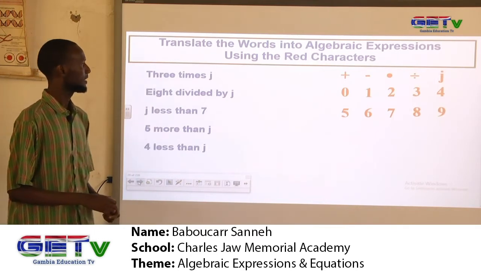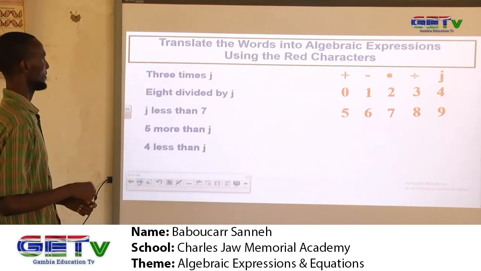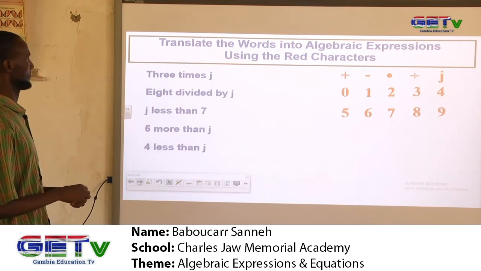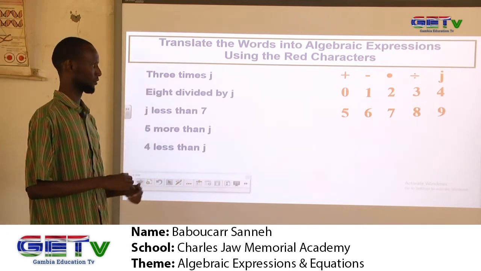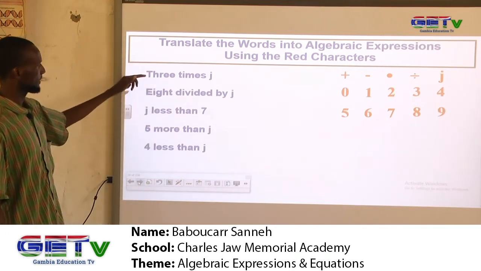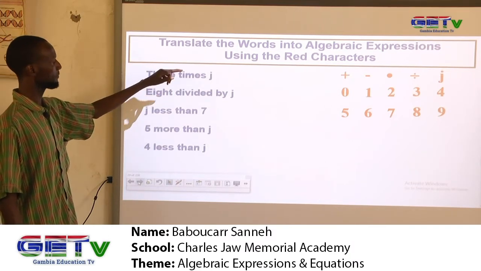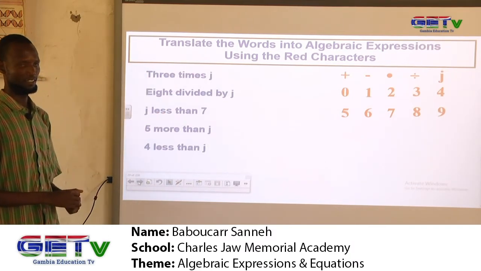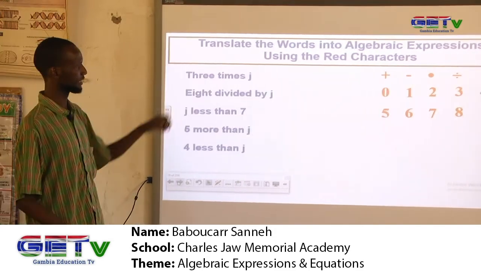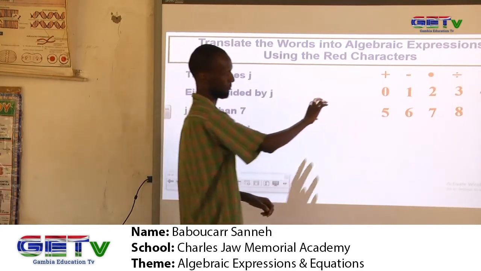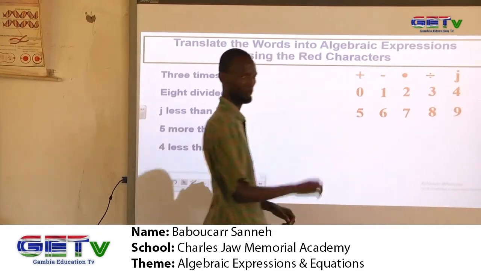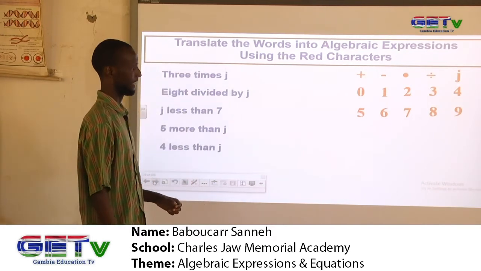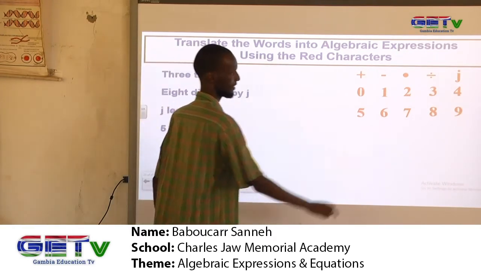Okay. Now, let's do some practice here. We're going to translate these into expressions. We have 3 times j. Now, we want to write this as an expression. Here we have our numbers and operations. Let's see if we can write this. We have 3.